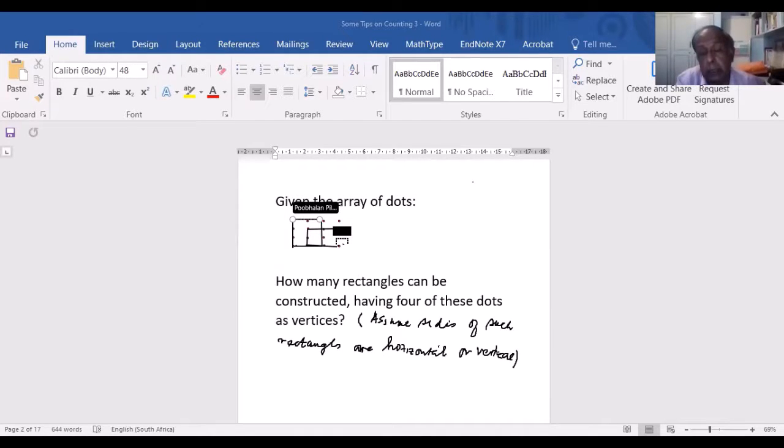So a rectangle is completely determined by its rows, its horizontal lines, or its columns.